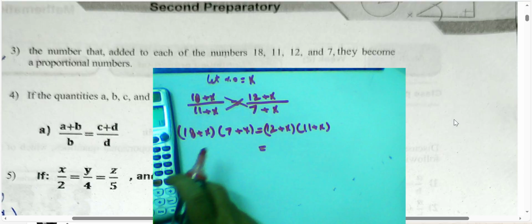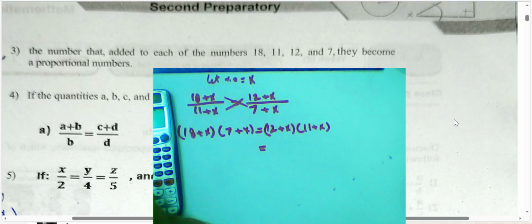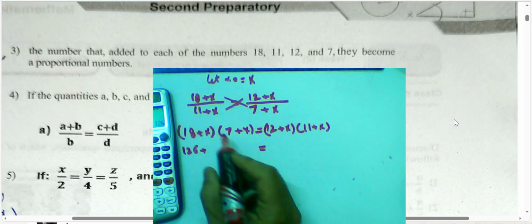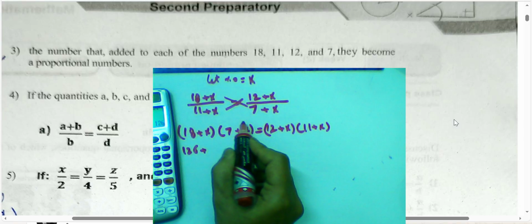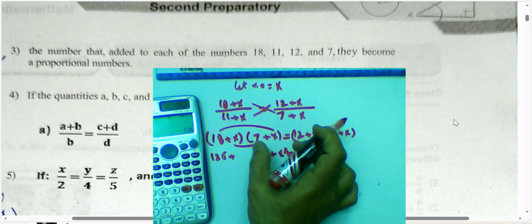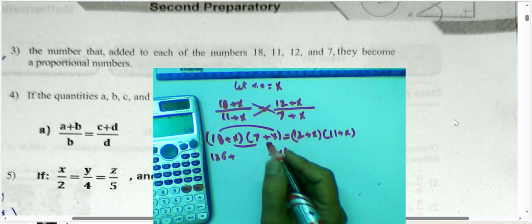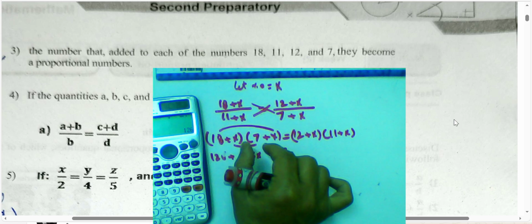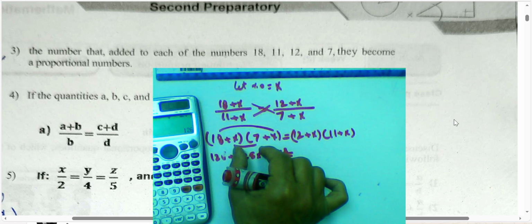18 times 7 equals 126. And x times x, x power 2. Then collect 18x and 7x to be 25x. The product of extremes 18x and in the means 7x. 7 plus 18, 25.